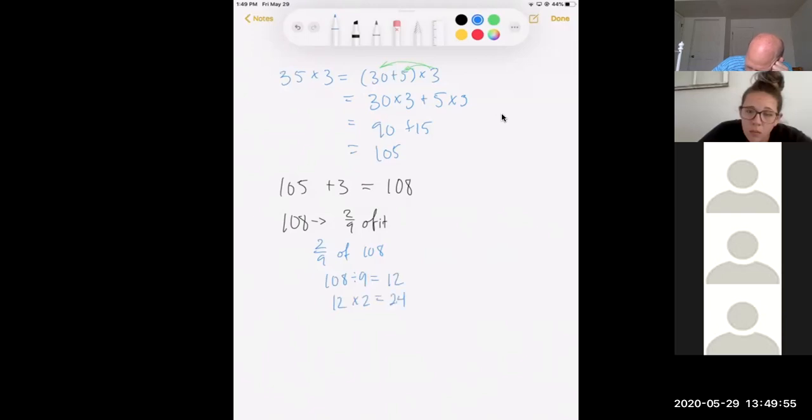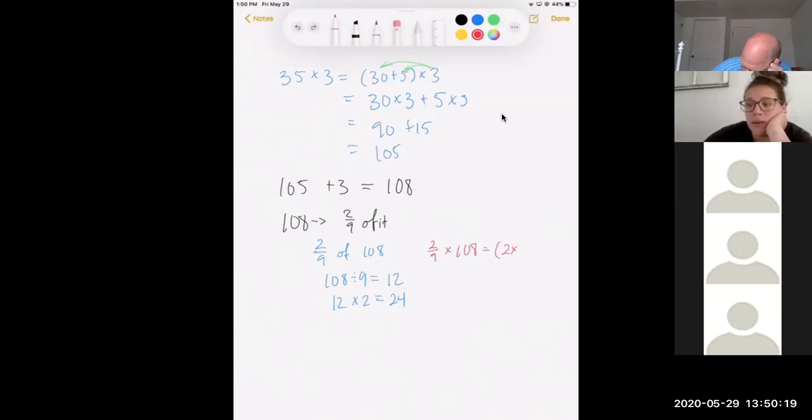24. The other way to do it is called an equation string, where you take 2/9 times 108, and you do what we did before. You write a series of equations where we split up the 2/9 into 2 times 1/9.